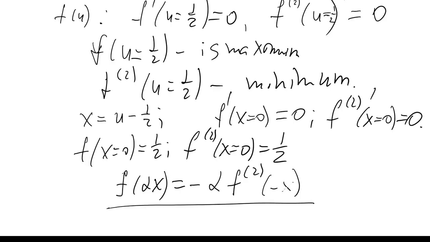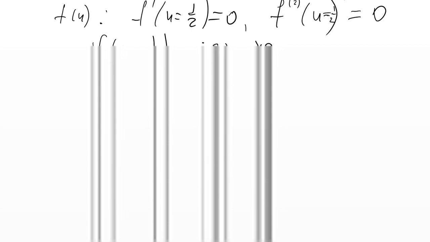Now what it means: this alpha is the stretching, so alpha shows how much we should stretch this small square to get a 1 by 1 square. So here epsilon would be 1 over alpha. And since we stretch both along the x-axis and along the y-axis, we need to multiply our function by alpha and stretch our argument x.